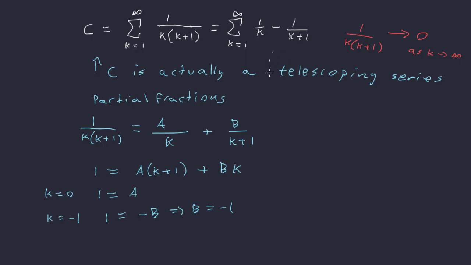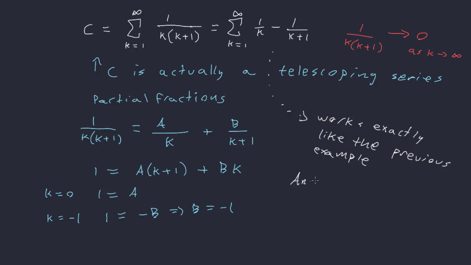And from here, proving that this converges works exactly like the example we looked at before. I'm saying that because it would be good practice for you to try to see if you can actually get that C converges to 1.